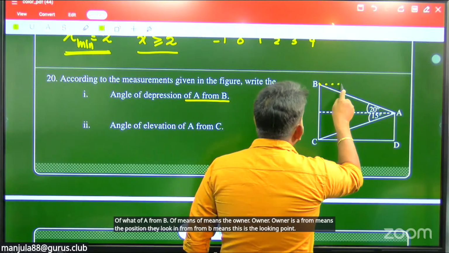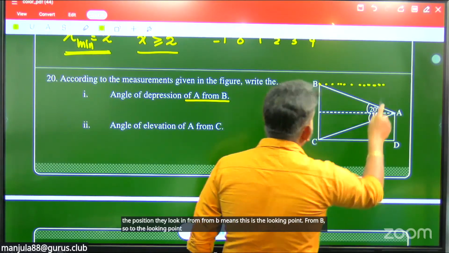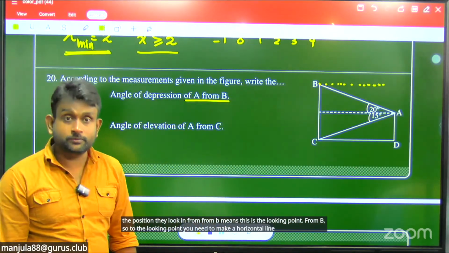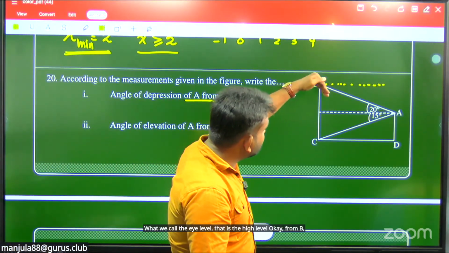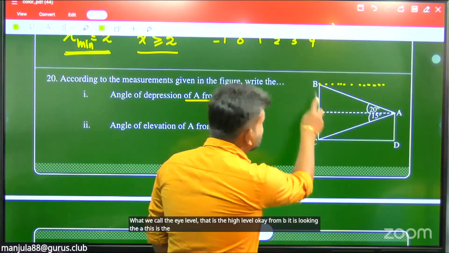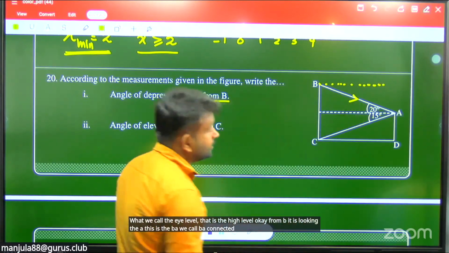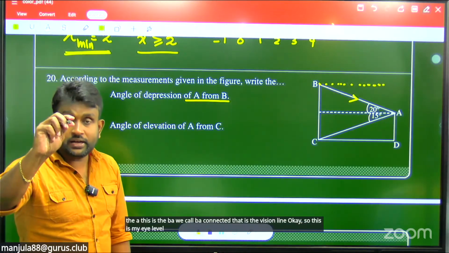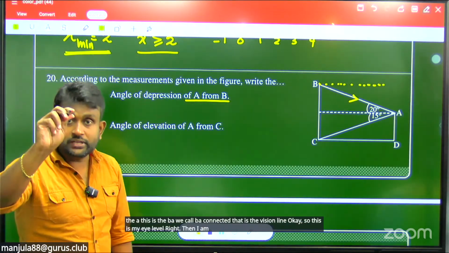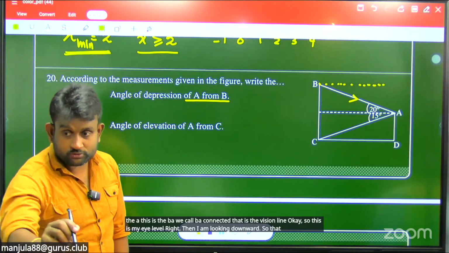So at the looking point you need to make a horizontal line, what we call the eye level. From B it is looking at A. This BA connected is the vision line. So this is my eye level. Then I am looking downward, so my vision line goes in this direction.